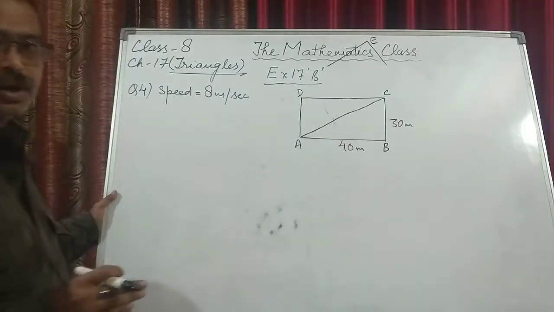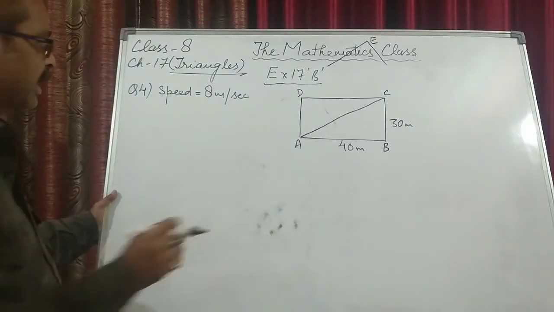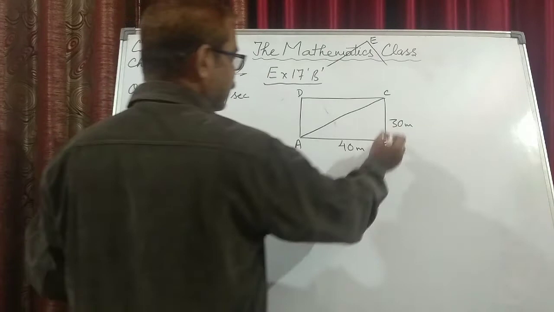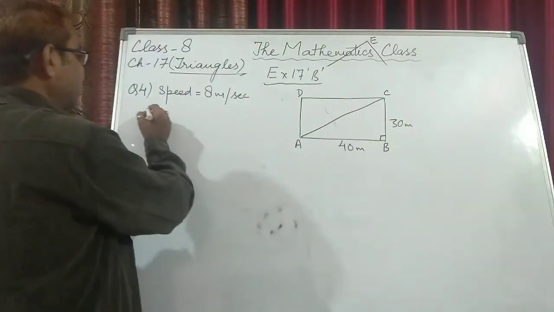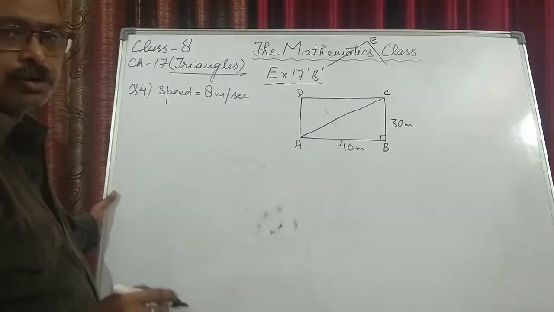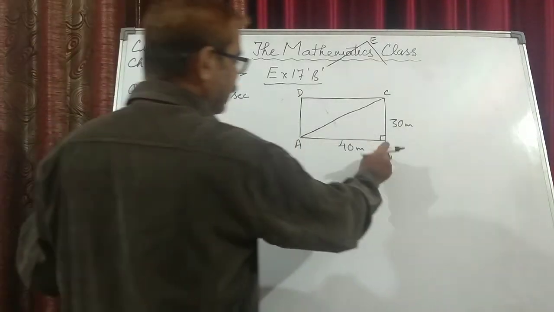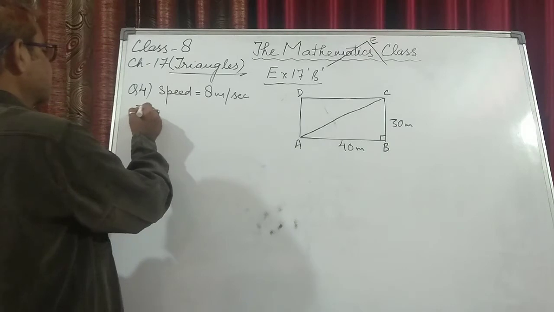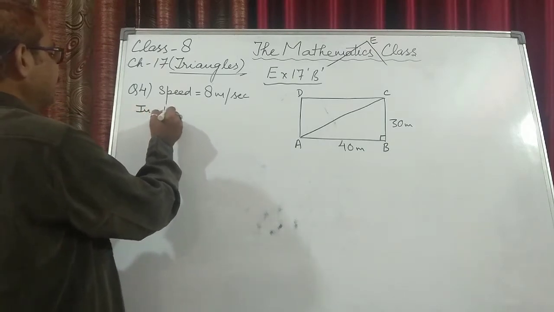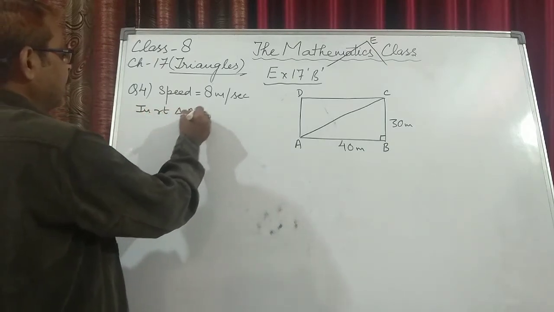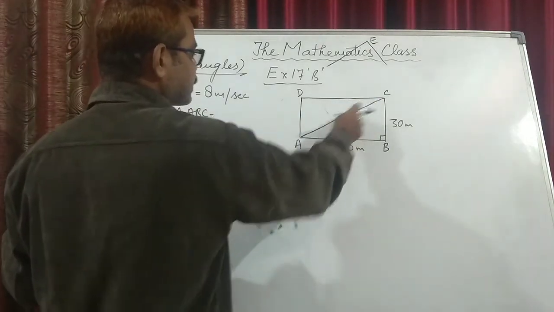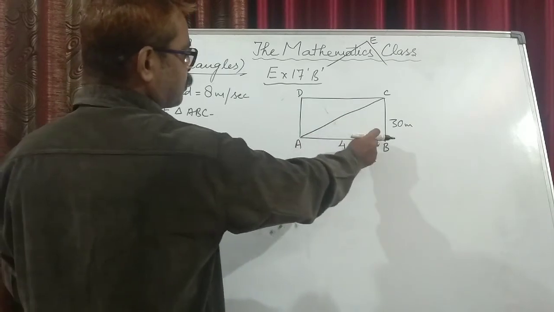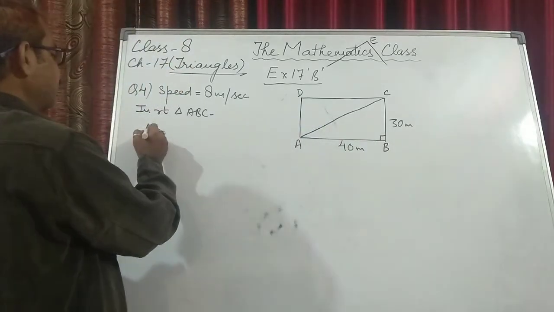So first of all, we will find out the length of AC. Since ABCD is a rectangle, angle B is 90 degrees, so we can apply Pythagoras theorem in triangle ABC. So in right triangle ABC, you can see that AC is the hypotenuse because it lies opposite to the 90 degrees.